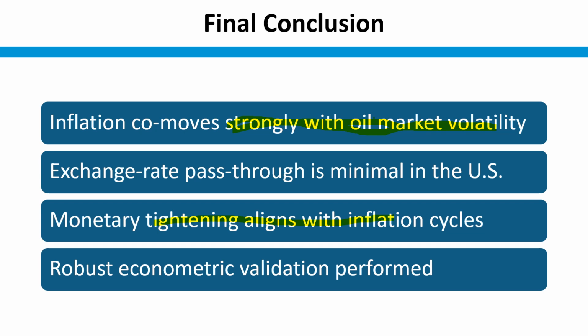And robust econometric validation is performed. We talked about the US market and the response of inflation to oil, the exchange rate and the policy rate changes for the US market.